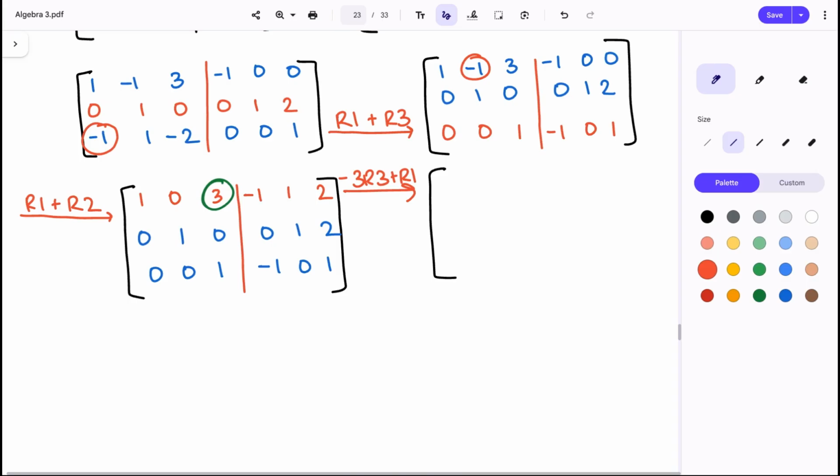We're adding it to row 1, so we should get 0, 0, 1. And then 3 plus a negative 1 would be 2. 0 plus 1 is 1. Negative 3 plus 2 is negative 1. And then everything else stays the way it is.